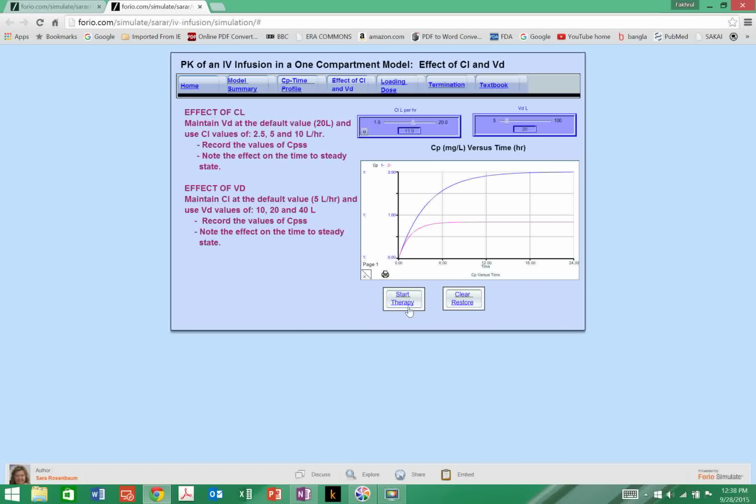Now check the influence of volume of distribution. Here our volume of distribution in this case is 20 liter. If we increase the volume of distribution to 56, you see there is an inverse relationship.